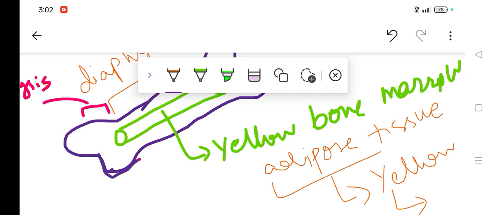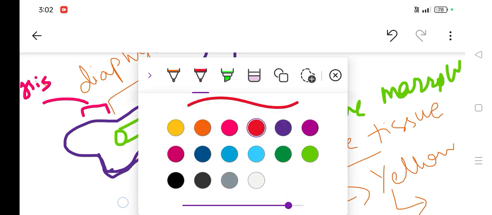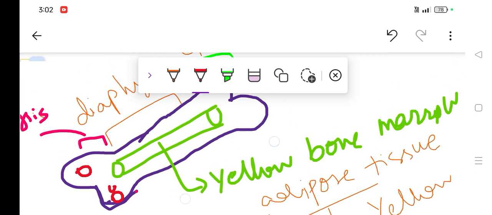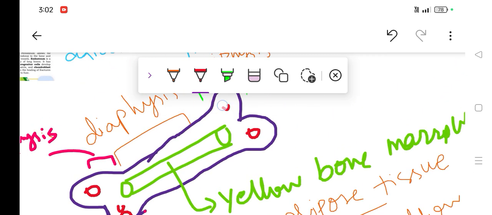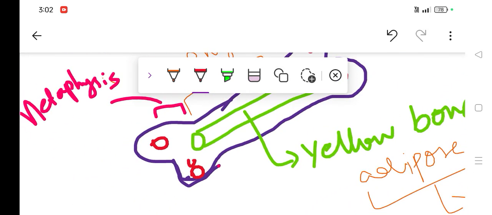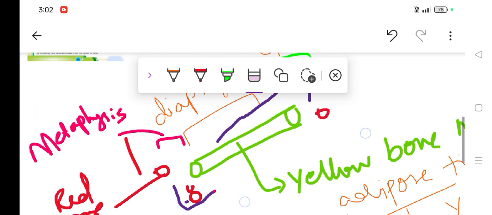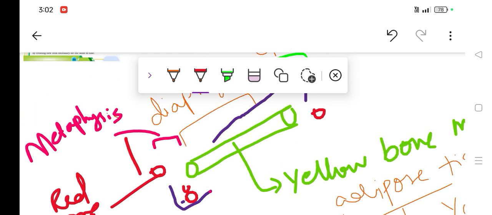Then we have a few other structures on both sides, this red structure, called red bone marrow. Sorry, let me make it again.